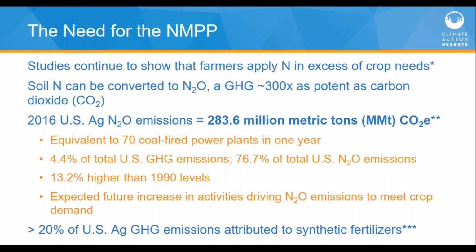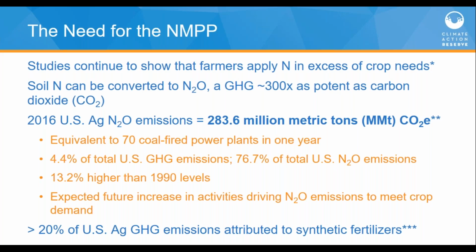And as the stats here show, the latest EPA inventory shows that in 2016, N2O emissions in the U.S. from agriculture alone were over 283 million metric tons, which is equivalent to the emissions from 70 coal-fired power plants.